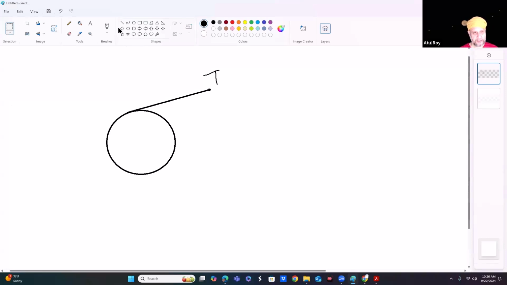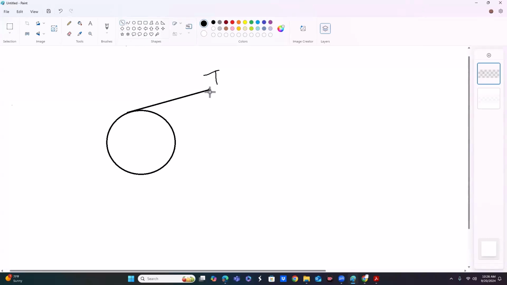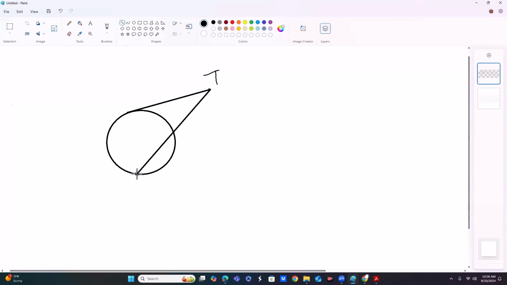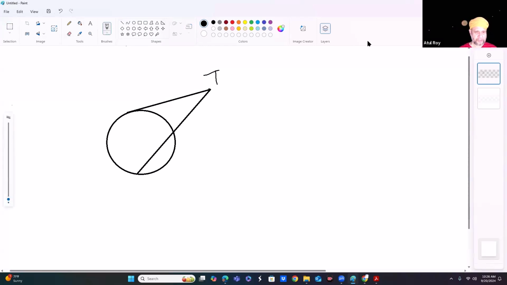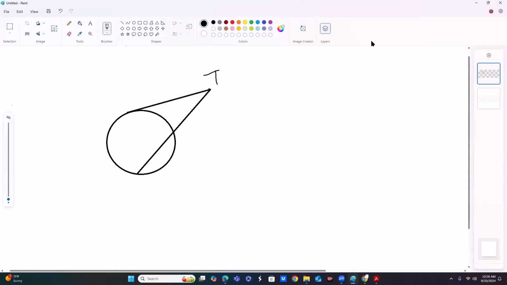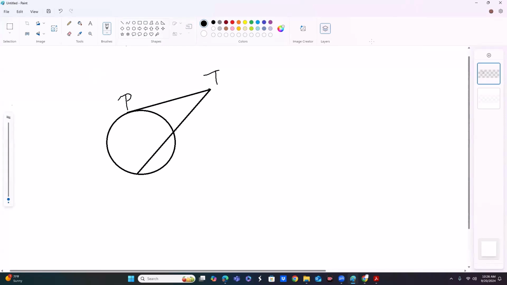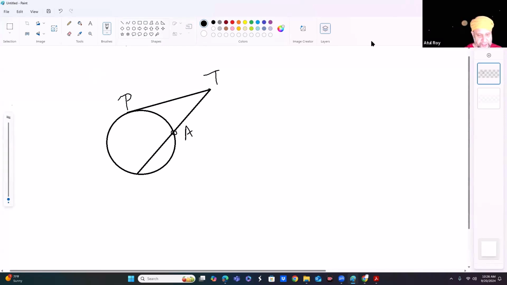And then I make a secant line. You know what a secant line is, right? So say the point of contact, the point of tangency, is P, and let's say these points are A and B.